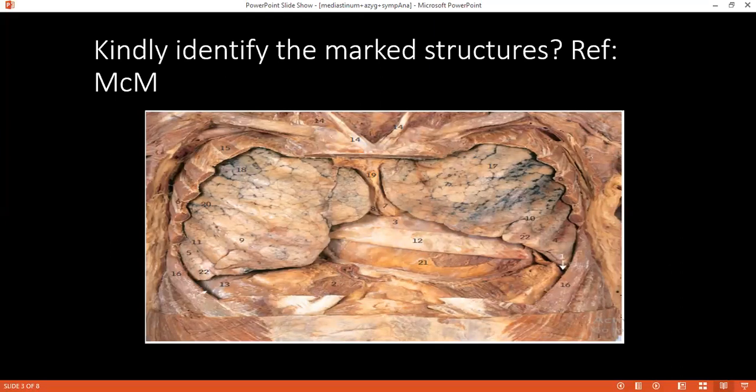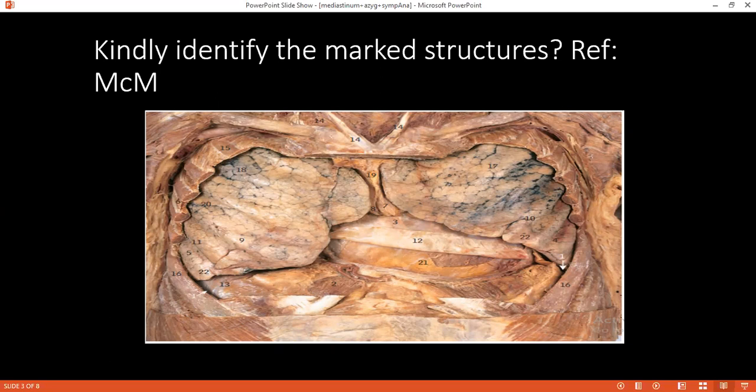Mediastinum is the area between the sternum in front and the vertebral column at the back. It contains the heart and the pericardium.